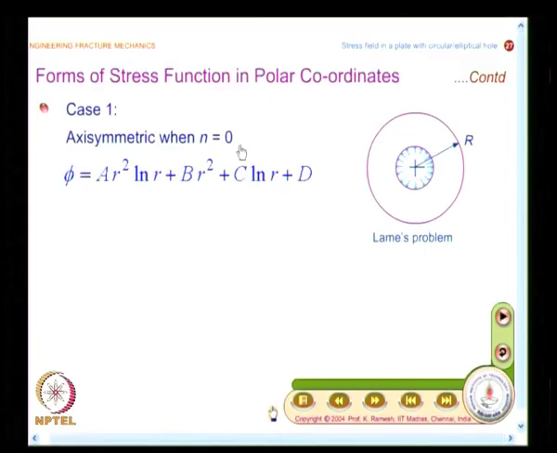For a thin cylinder, you know P r by T, P r by 2T you are able to develop, but when I have a thick cylinder, you have to go by theory of elasticity, and the stress function for this is given as a r squared natural logarithm r plus b r squared plus c natural logarithm r plus d. And you know, in theory of elasticity, for each of these problems a name is attached. He was the person who first solved this problem, and this is known as Lame's problem.